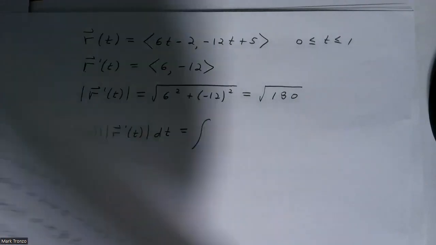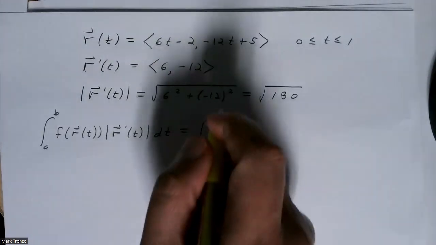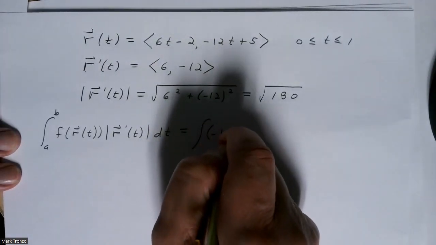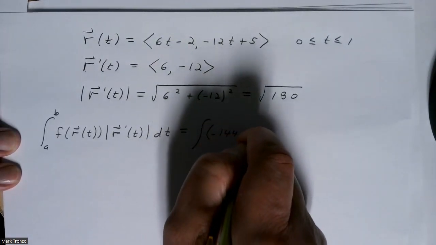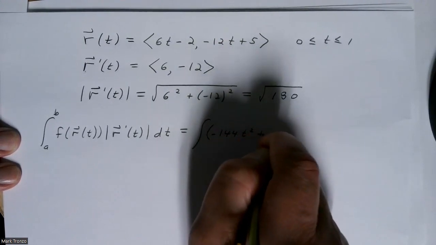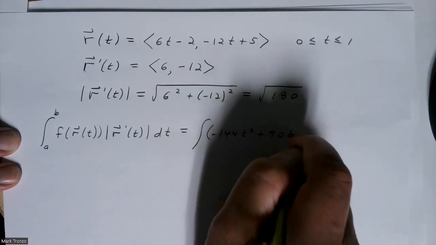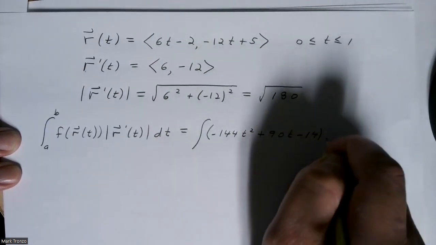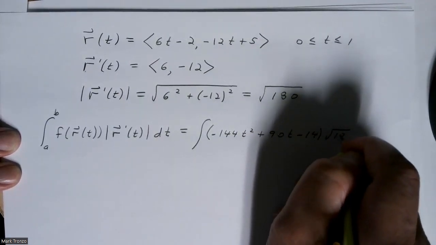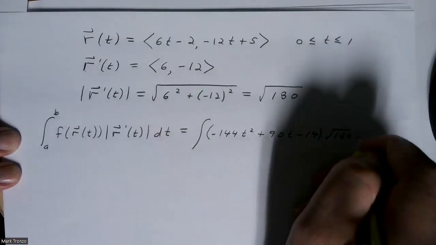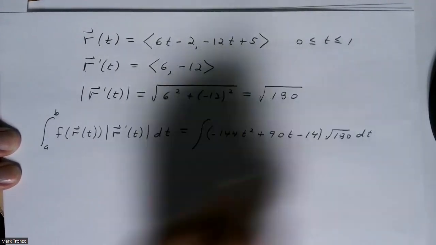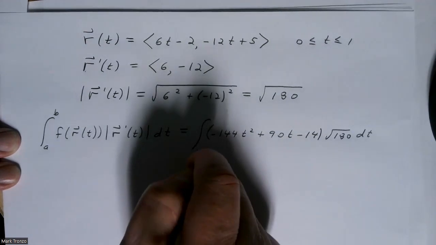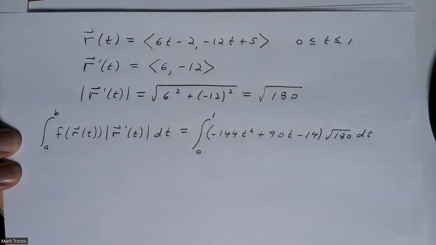We found our f of r(t) here, which is this. And then we have the square root of 180 here, dt. Again, remember we're integrating from 0 to 1.